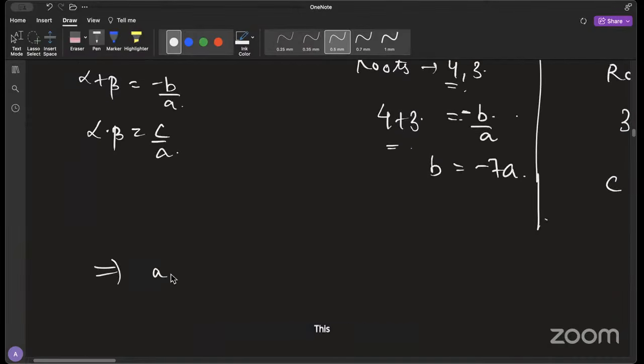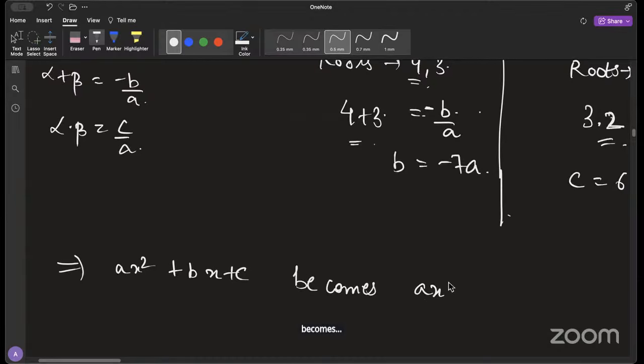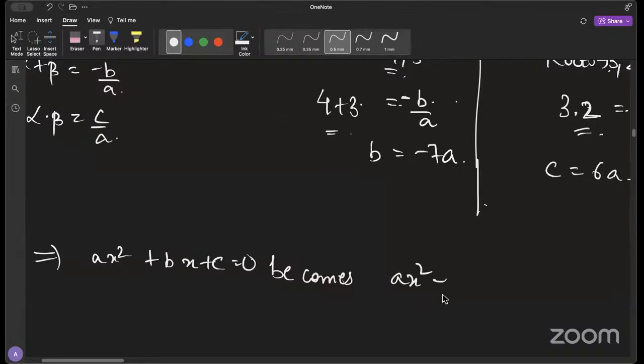This implies ax square plus bx plus c becomes ax square plus b, which is minus 7a. So we're replacing b by minus 7a and we're replacing c by 6a. So we'll have ax square minus 7ax plus 6a equals 0, right?